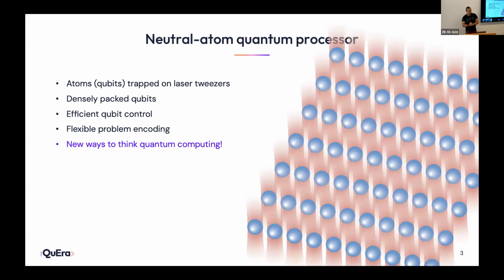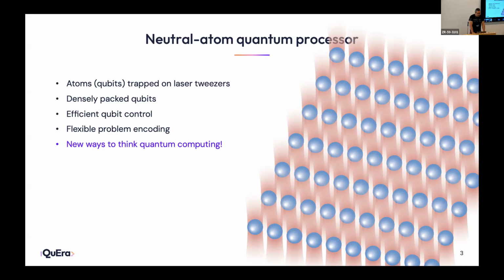By now, I hope we have realized that for neutral atoms we don't have a beautiful golden picture. So we draw these laser tweezers. They're holding atoms here. They are the spherical blue objects. We can pack them quite densely.